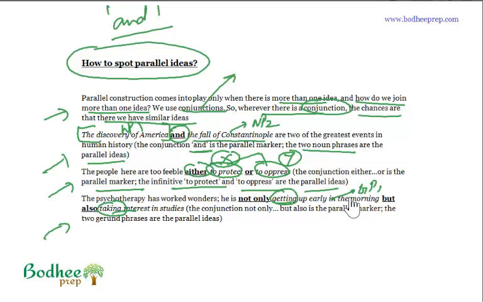Getting up early in the morning is gerund phrase one, and taking interest in studies is gerund phrase two. And how are they introduced? They are introduced by the conjunction not only but also. The way we had it in either or, the way we had it in and, now we have it in not only but also. The conjunction not only but also is the parallel marker. The two gerund phrases are the parallel ideas. Let's go to the next one.